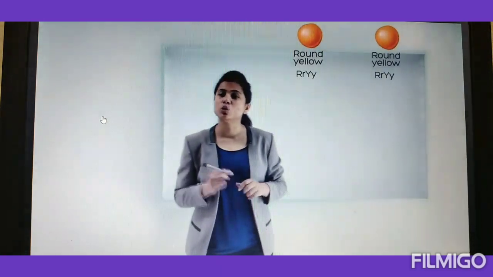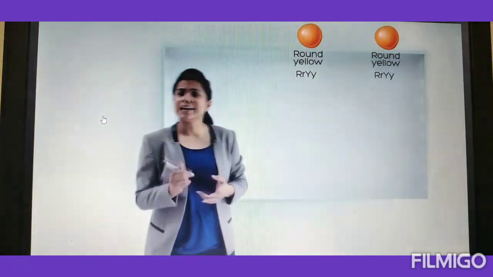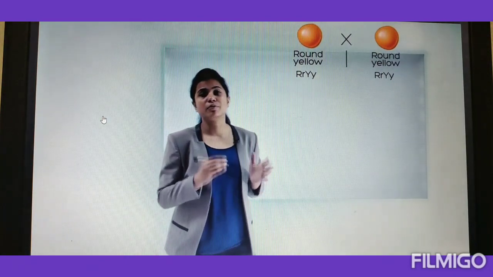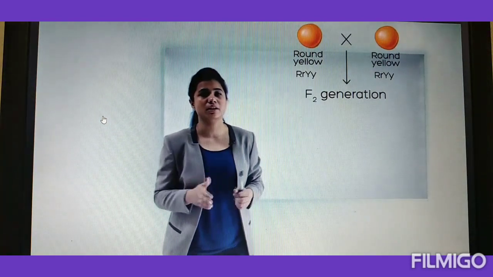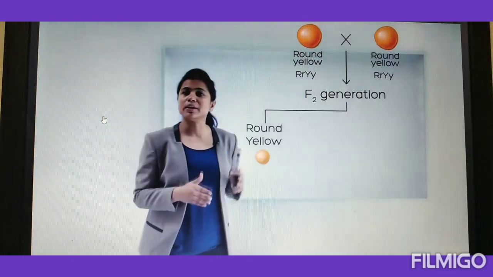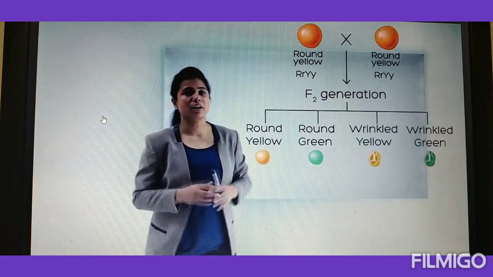Then he took two plants from the F1 generation and crossed them. Unlike F1 generation, there were four different types of seeds with different combinations of shape and color in the second generation. These were round and yellow, round and green, wrinkled yellow and wrinkled green.